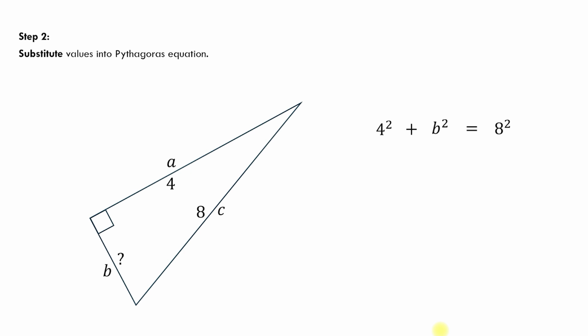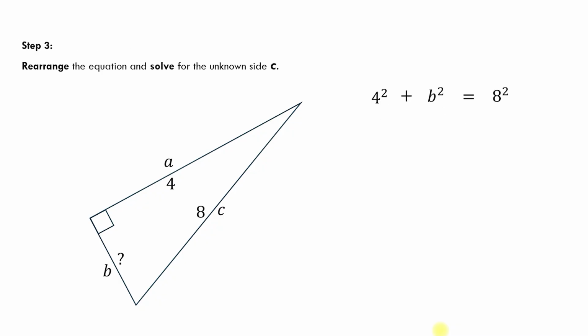Now we're left with B squared. We're still trying to figure out what B is. Now, once again, we're going to rearrange our equation so that our variable remains on the left-hand side and all the numbers are on the right. Let's take that 4 squared on the left-hand side. We'll bring it over to the right where it becomes negative 4 squared.